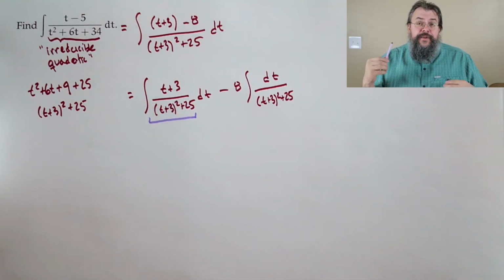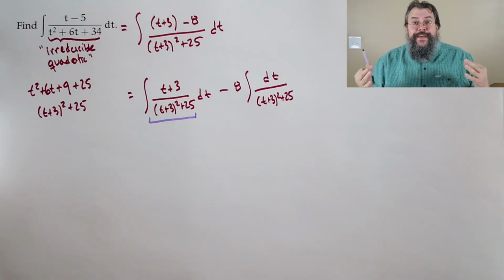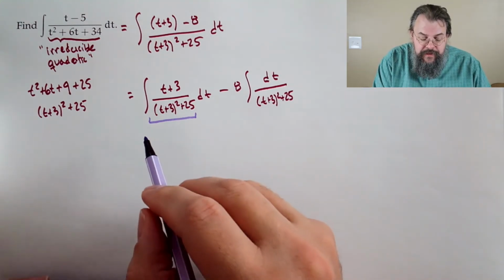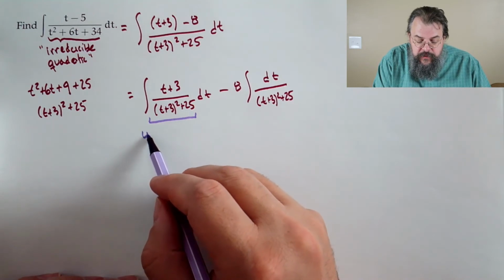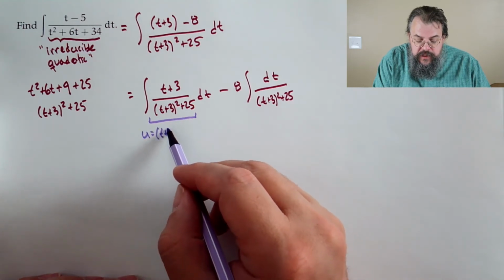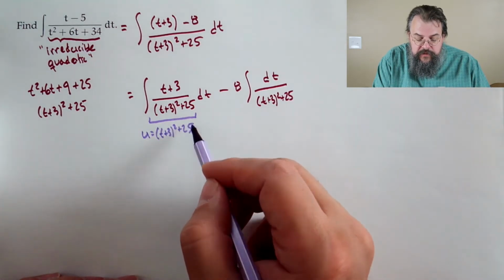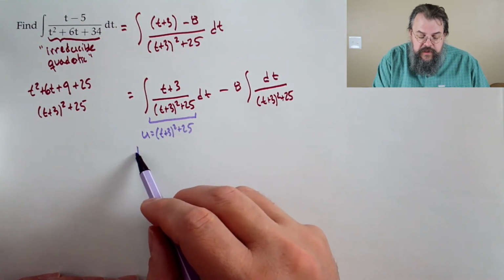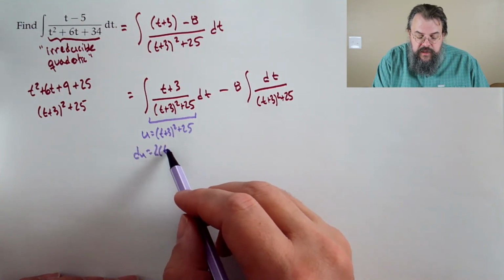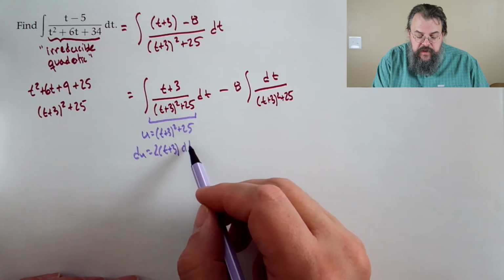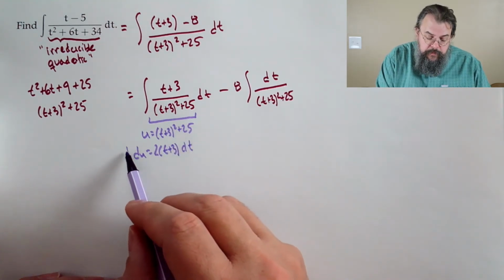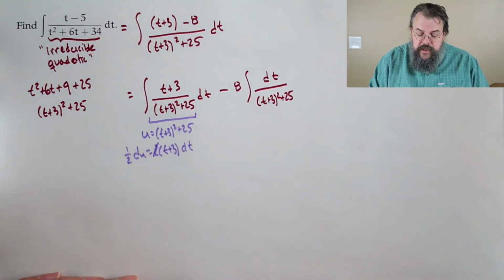Well, if I take the derivative of (t+3)^2, it would look a lot like a t+3. So this is set up nicely for just a normal substitution. u equals (t+3)^2 + 25. Then we'd have du is 2 times (t+3) dt. Well, okay, move the 2 across.